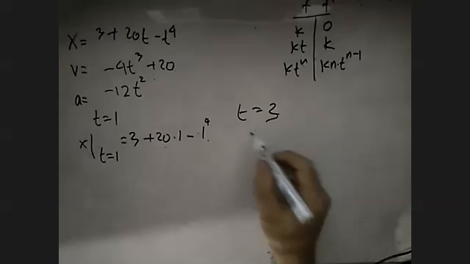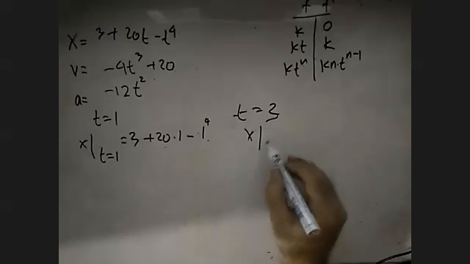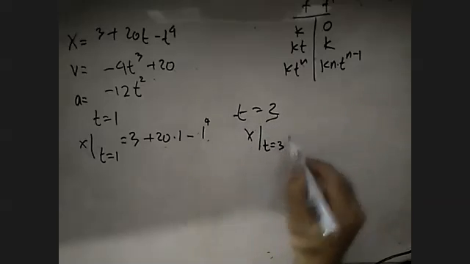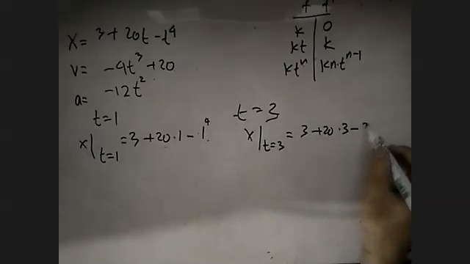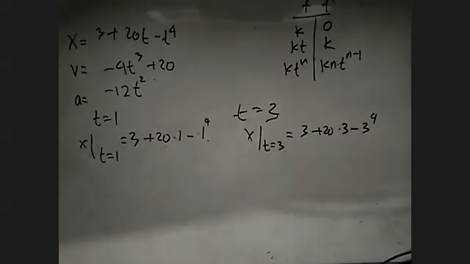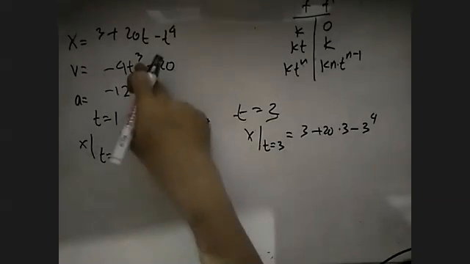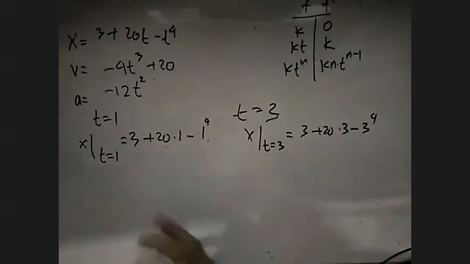When t is 3, x is 3 plus 20 times 3 minus 3 power 4. Up until this, any question? For the other v and a, the concept is the same. Whenever we have t, we replace it with the number asked here.